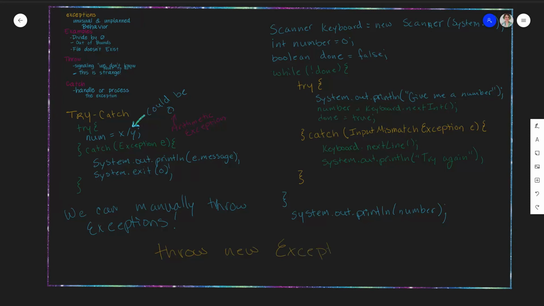And here I'm just using that base exception again. So we're just going to manually throw an exception. So this is what it would look like to manually throw an exception, and you would just do that inside of a try-catch block.